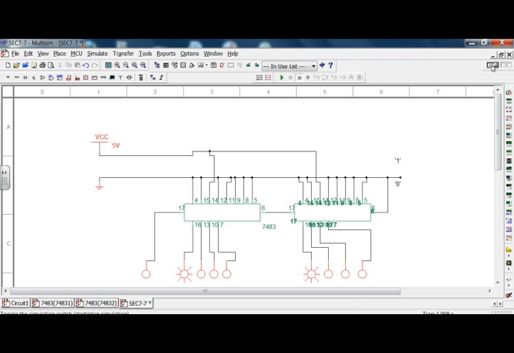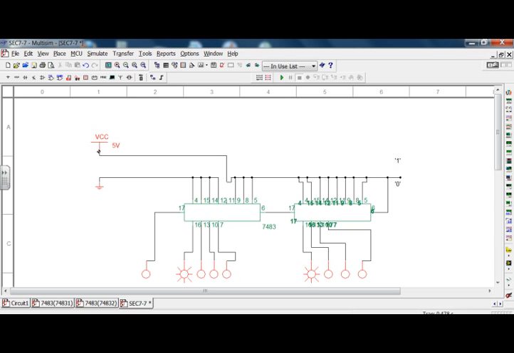And pin 14 we'll call B3, 14. And pin 12, I messed that one up too.